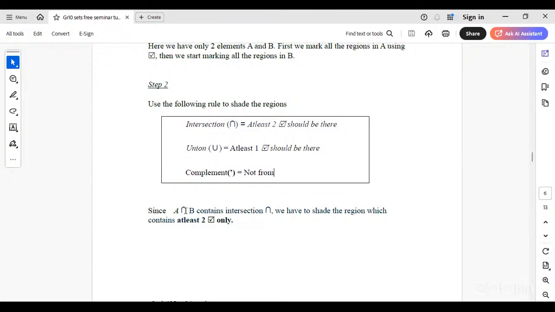So we shade the regions which have two ticks. This is very easy, and you will be able to shade all situations in a fraction of a second.